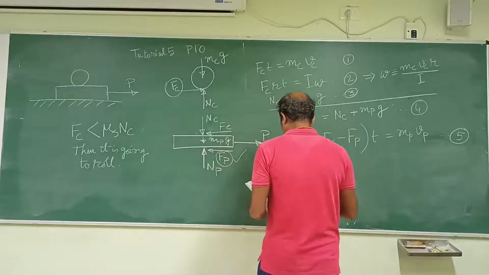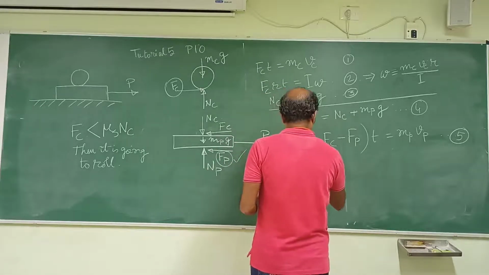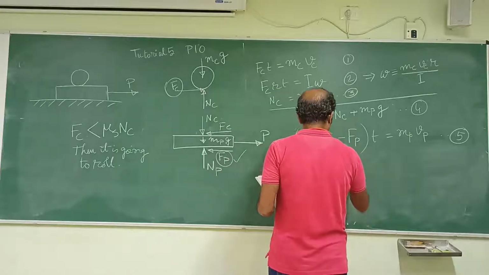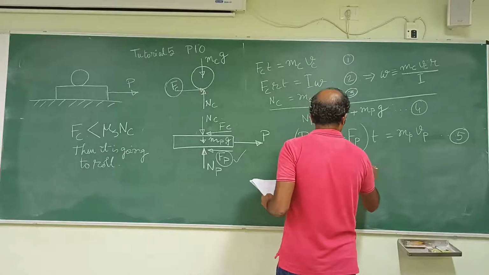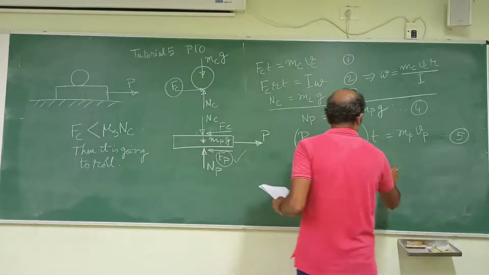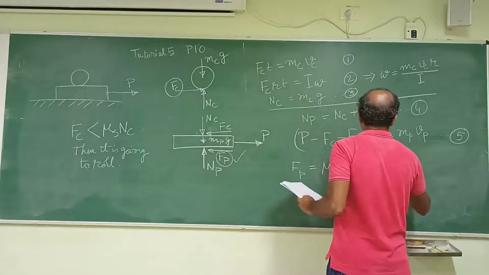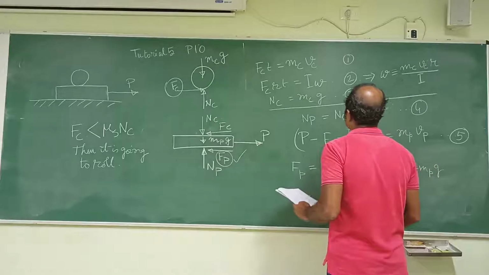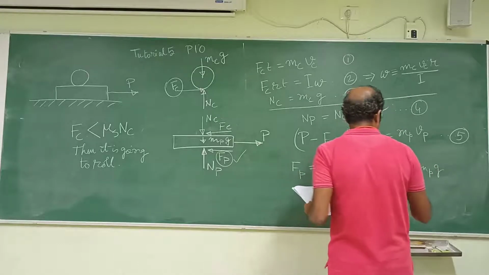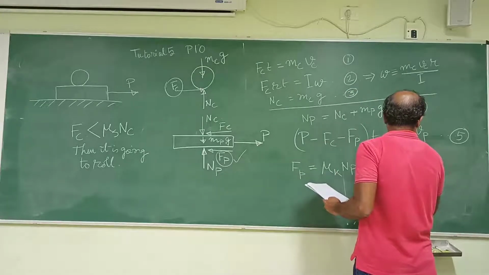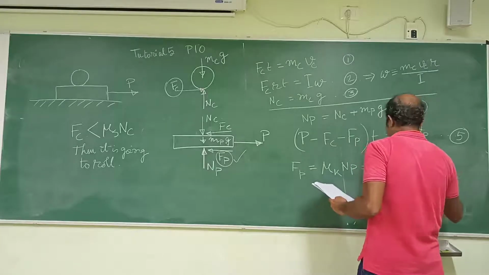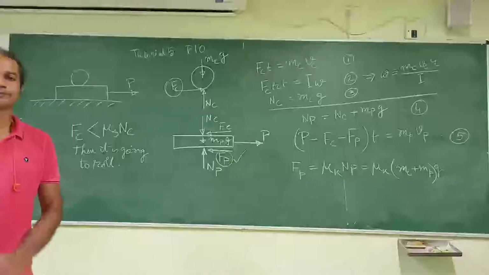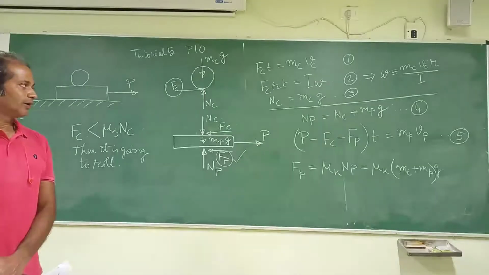FP is going to be mu K, kinetic friction, times NP, which is equal to mu K times NC plus MPG, or NC is equal to MC plus, so it is going to be MC plus MP times G. Right?